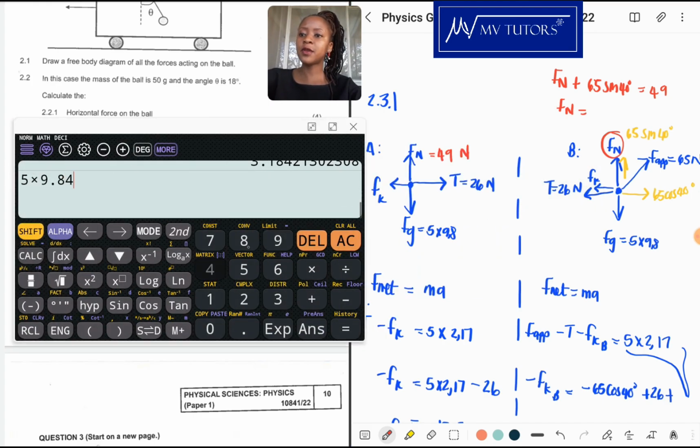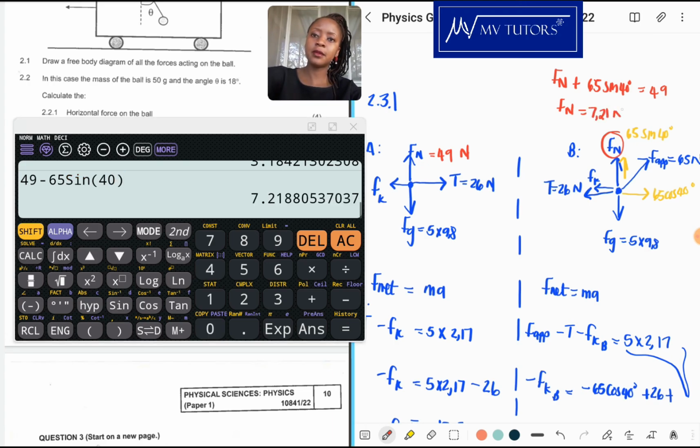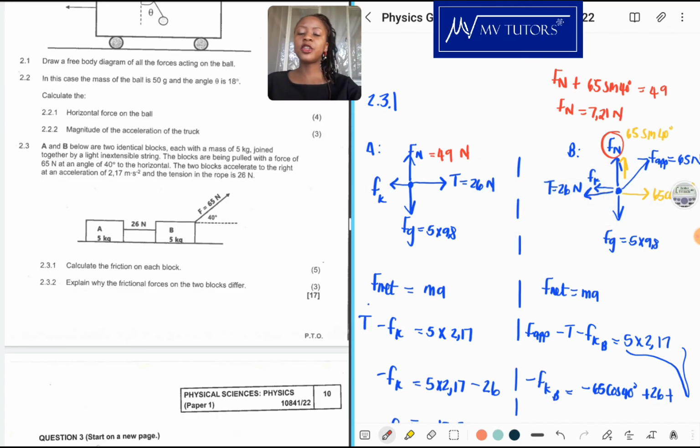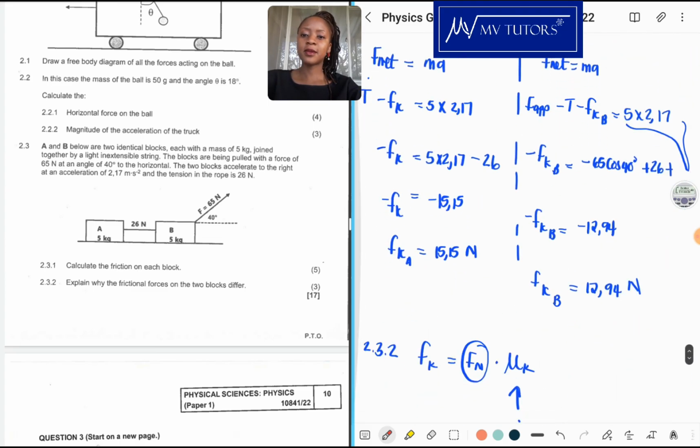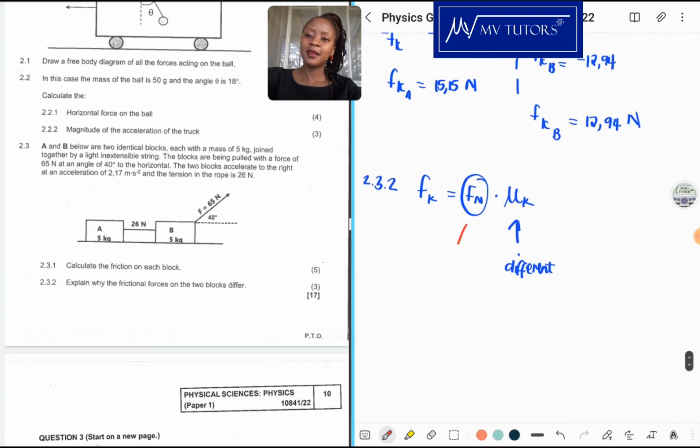If you say 49 minus 65 sin 40, that would be 7.21. So you would get different frictional forces because the normal force for both blocks is not the same. One is less than the other. So this works because it's different for each block.